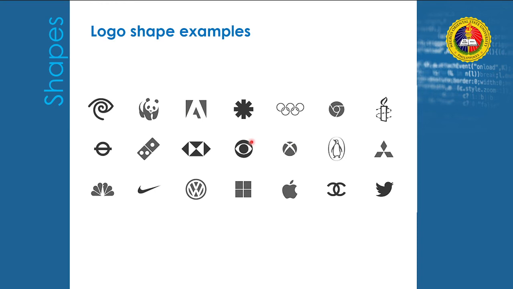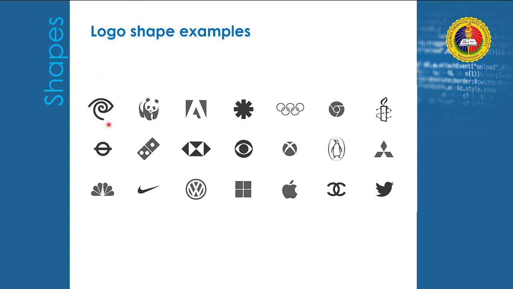Xbox, Linux, Mitsubishi, NBC, Nike, Volkswagen, Windows, Apple, Chanel, Twitter. All right, so these are just some examples of logos that use various geometric and or organic shapes.